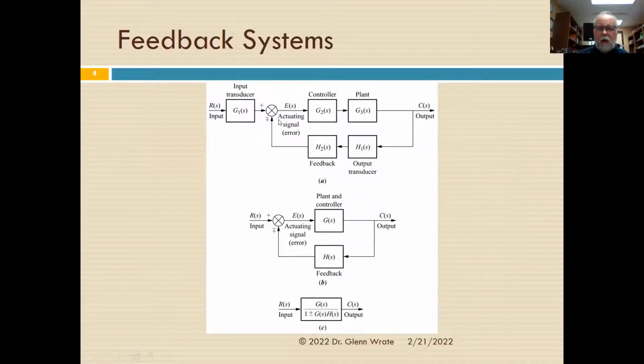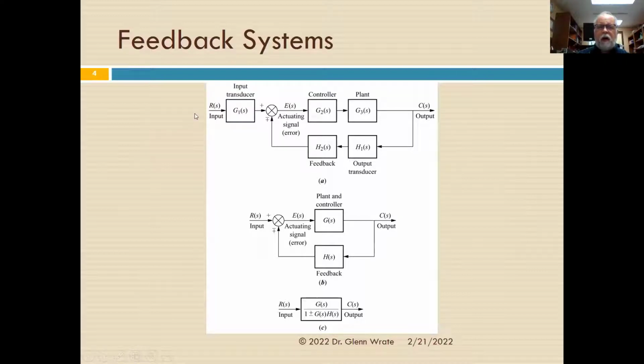And then I'm going to go over how this feedback system works, but in general, again, we have 2 things in series here, so we can lump those together. And we have 2 things in series, so we can lump those together.